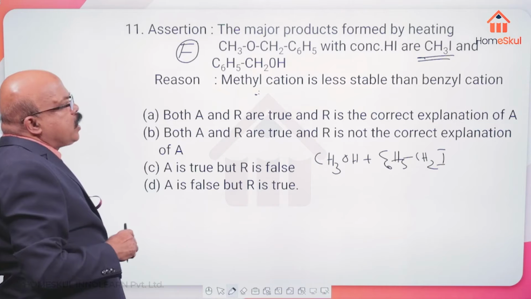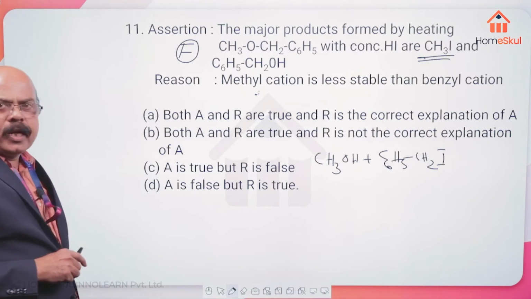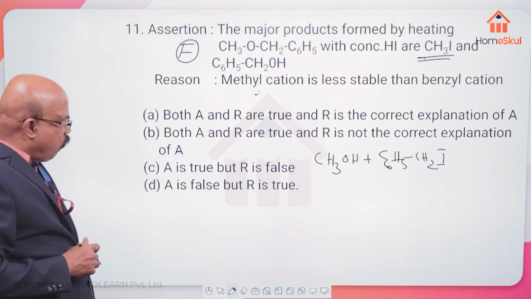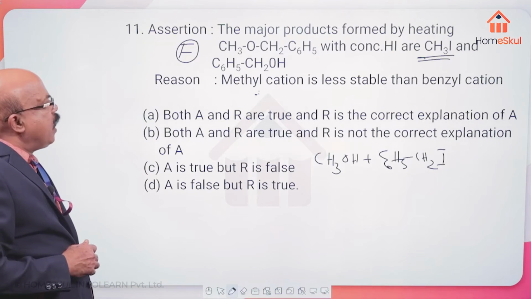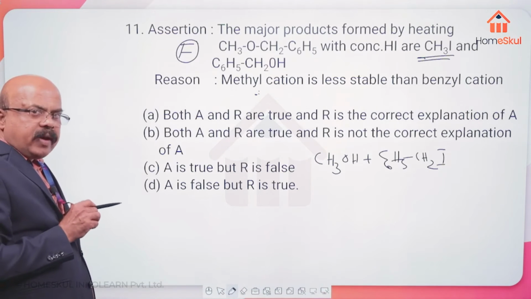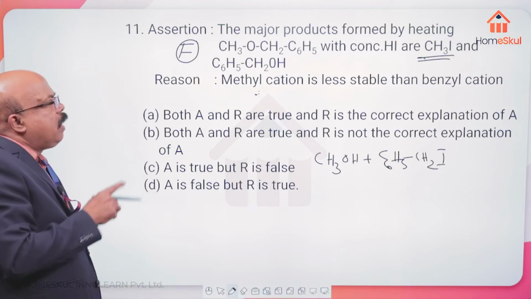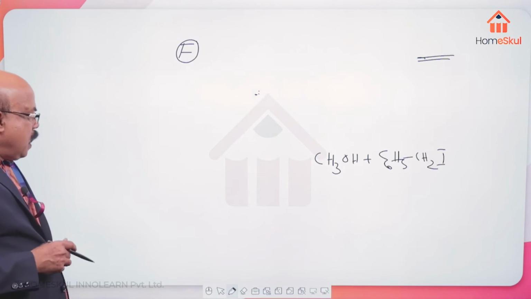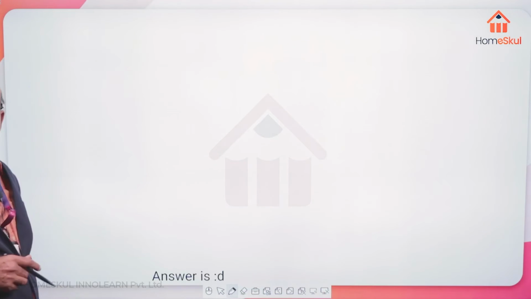So the assertion A is false and reason R is true. While answering this type of question, you should be very vigilant, otherwise you may get confused. Read the passage again and again and try to answer the question. Here, the answer of this question is option D.